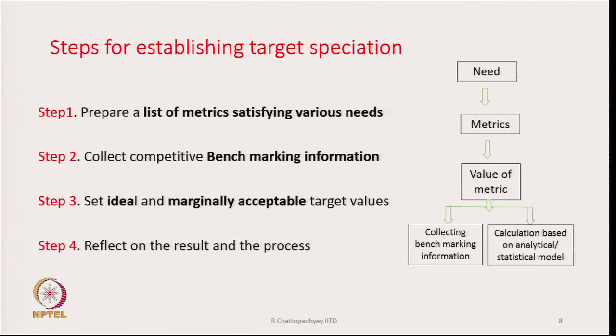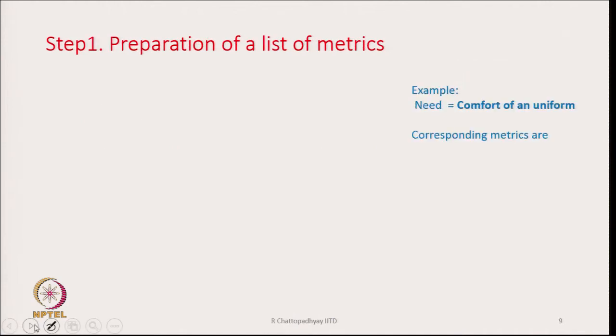There comes the real challenge. Sometimes we try to collect benchmarking information. How do I collect it? We will come to that. We can take a competitor's product, analyze it, get it tested and find out the values. The other thing is that we use a mathematical model or any other analytical model which is available.